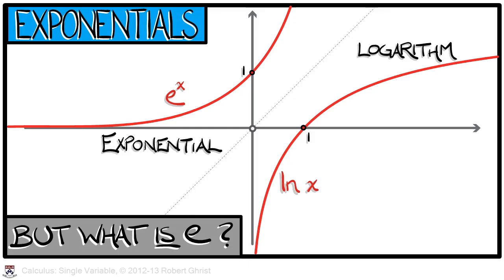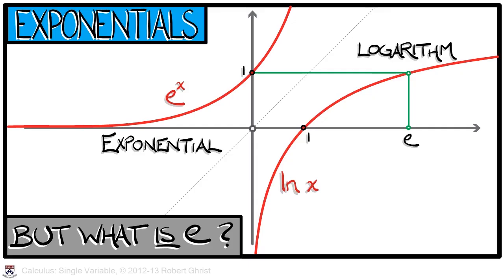The question that is often unanswered in pre-calculus or even elementary calculus courses is, what is e, and why is it so important in this exponential function? Well, one could say that e is that value whose logarithm is equal to 1. But since we've defined the natural logarithm in terms of base e, that's a bit of circular reasoning.